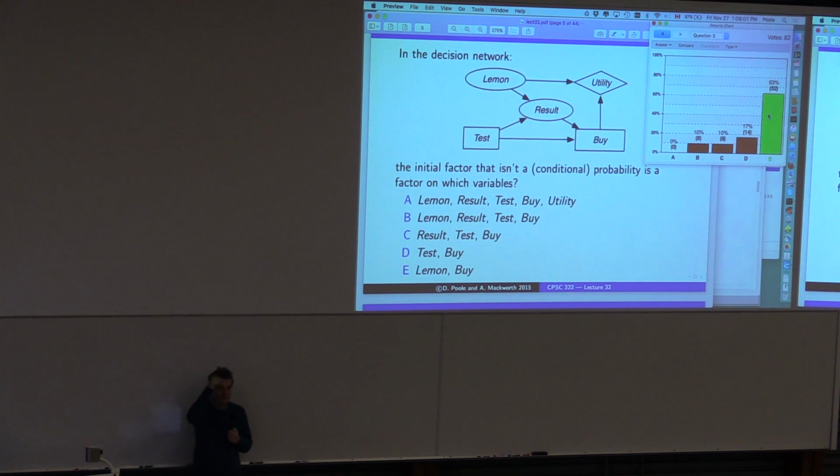There's a factor for every conditional probability table and a factor for the utility. What was C? There's none for test and buy. There's one for the utility, which depends on the lemon and the buy. Okay, are there any questions about this?